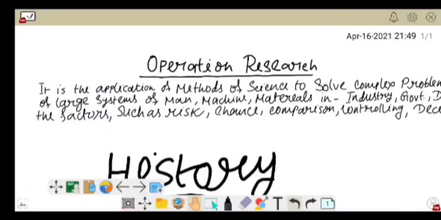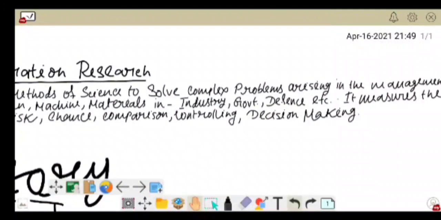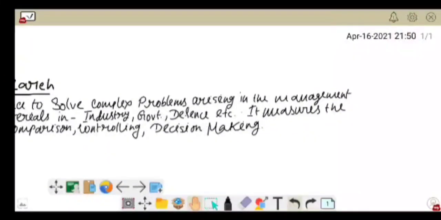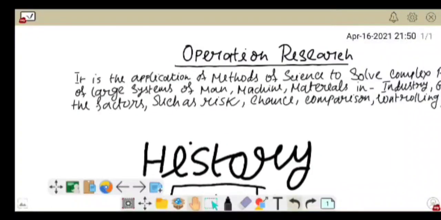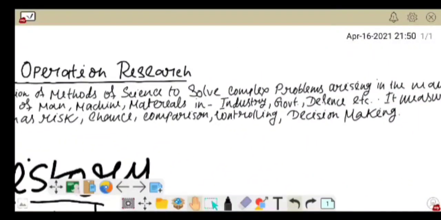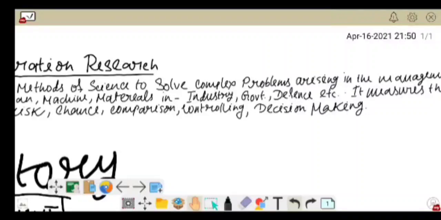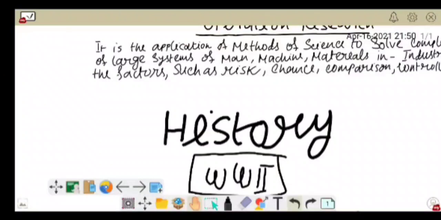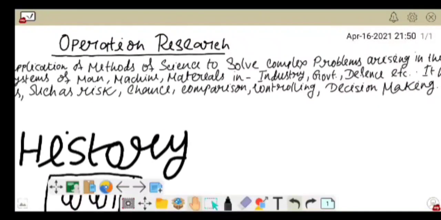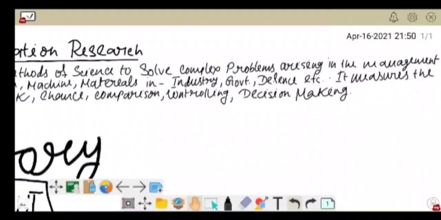This is a method which you have to apply, and it is a scientific method to apply to solve complex problems arising in management and of large systems of man, machine, materials in industry, government, defense, etc. It measures factors such as risk, chance, comparison, controlling, decision making.